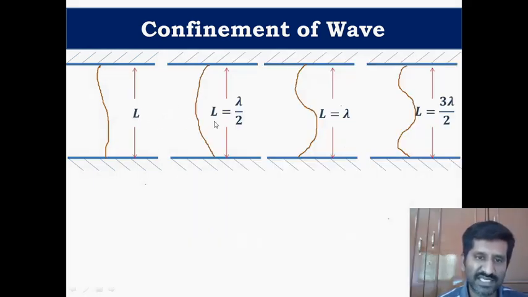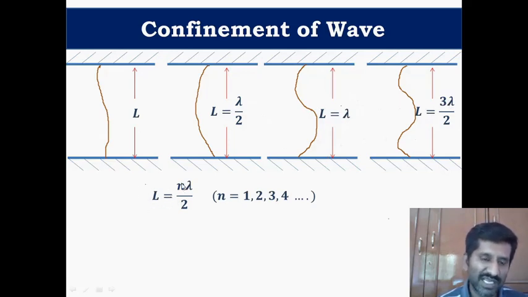So the length of the string during wave motion, with both ends fixed, is L equal to lambda by 2, or L equal to lambda, or L equal to 3 times lambda by 2. So the length of the string is always n times lambda by 2, where n can be any integer value: 1, 2, 3, 4, etc.